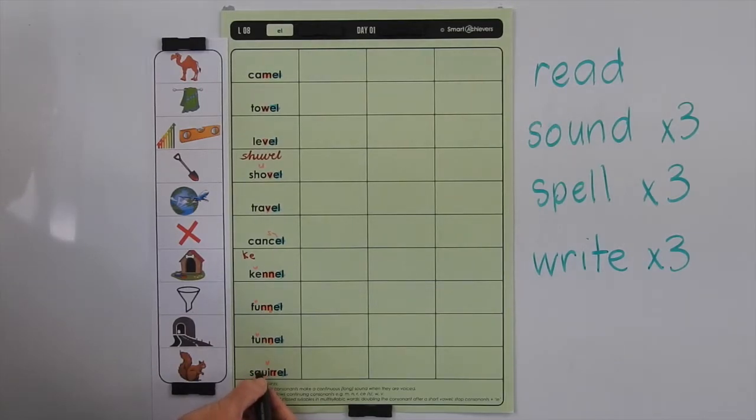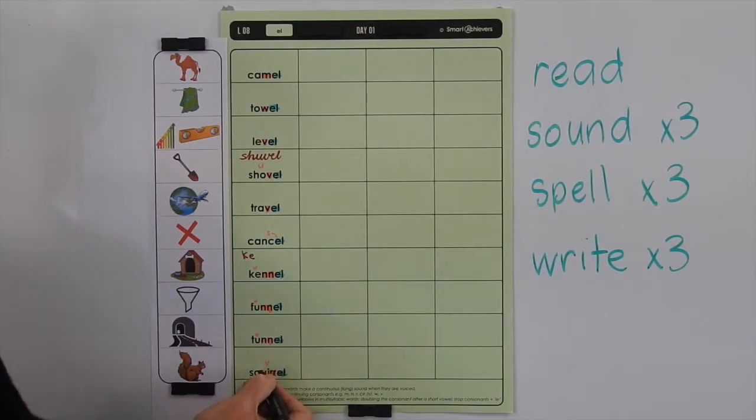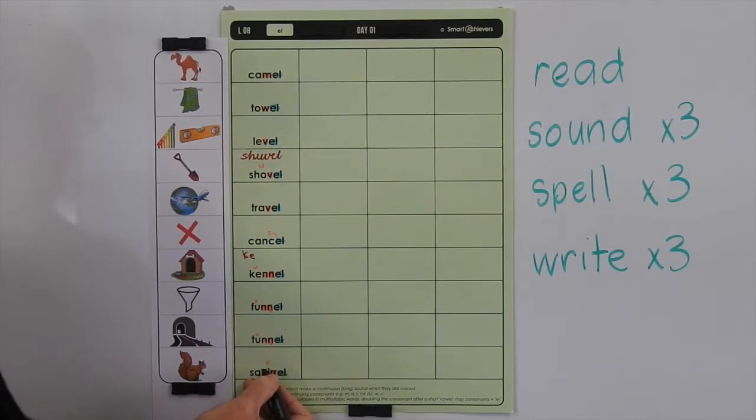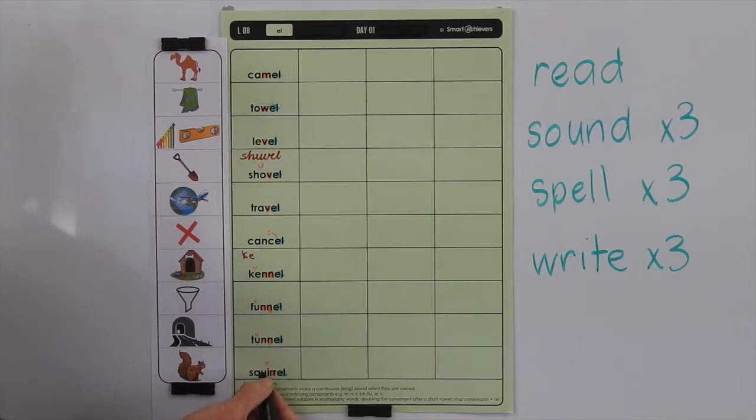We never ever write a Q without a U after it. Qantas is an acronym for Queensland and Northern Territory Airways Service, so we don't need a U in Qantas, but we do every other time we use a Q in a word.